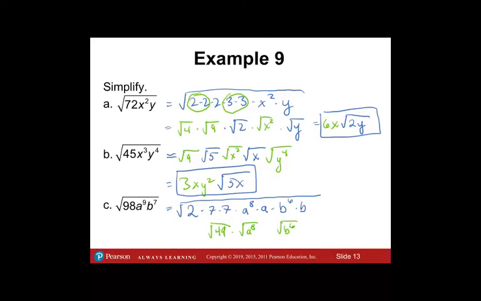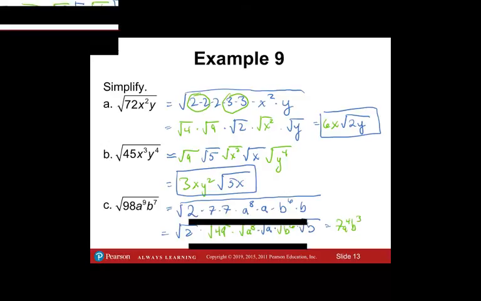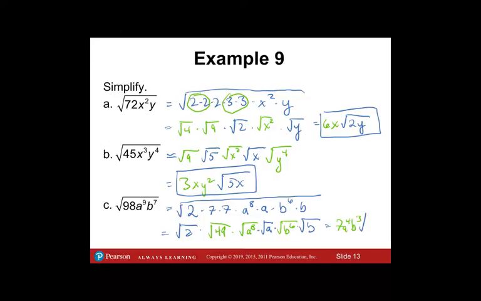And then the square root of 2 comes down, the square root of a comes down, and the square root of b comes down. And we'll finish with 7a to the 4, b to the 3 times the square root of 2ab.